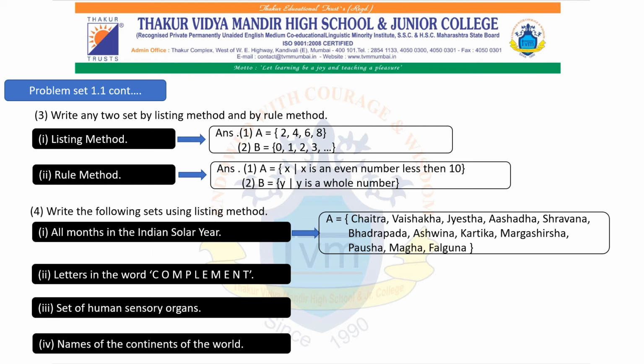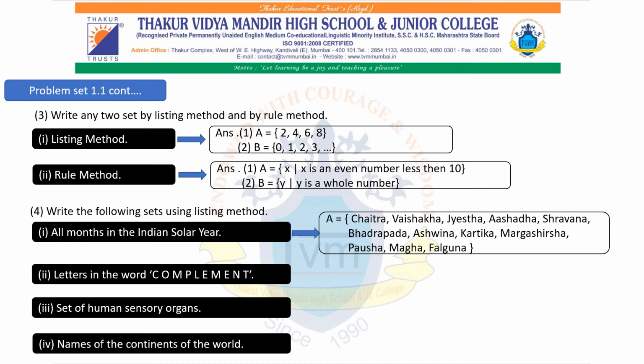Second one, letters in the word complement. They want us to make a set of letters, alphabets of the spelling complement. Here we will follow the rule we had studied earlier. Elements cannot be repeated. In the spelling of complement, I can see the alphabets E and M are repeated twice.